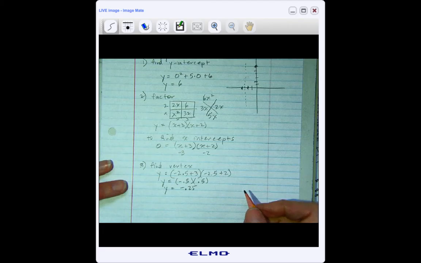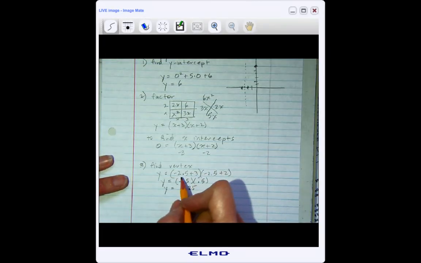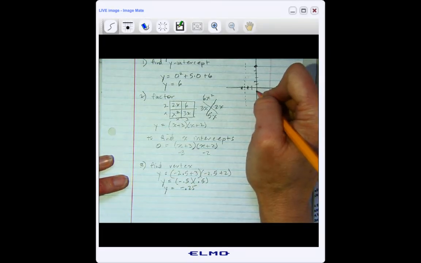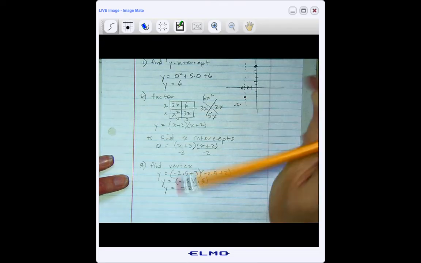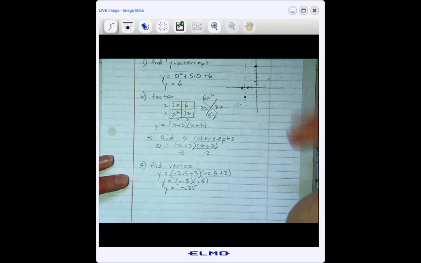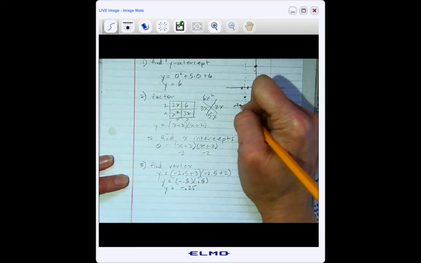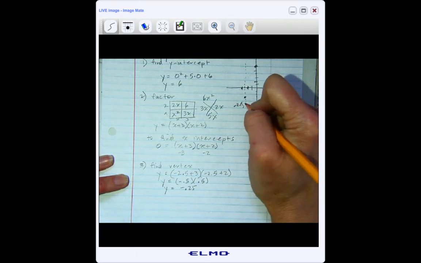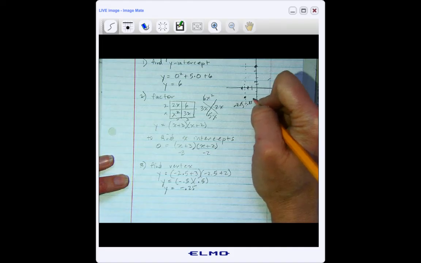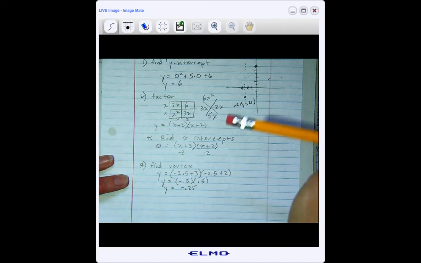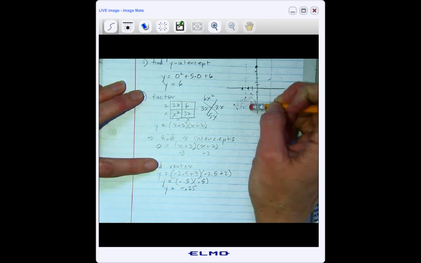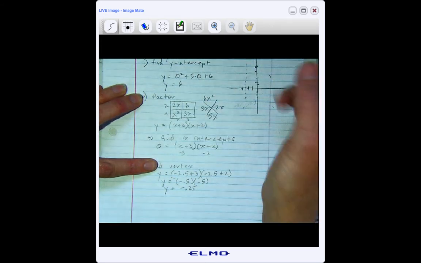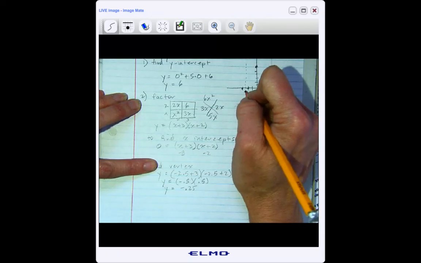Okay, so my vertex happens at negative 2.5 and then negative 0.25. Wait, ah, goodness, I went down way too low. Yikes. Hopefully you caught that. Okay, so negative 2.5 and then just negative 0.25.